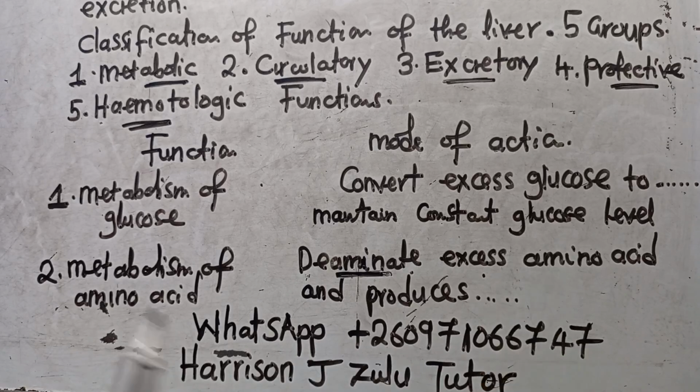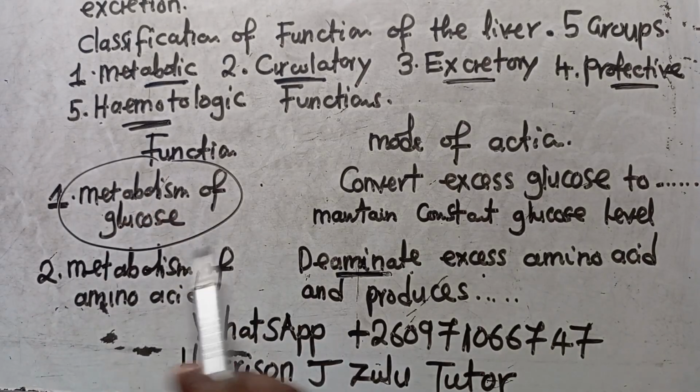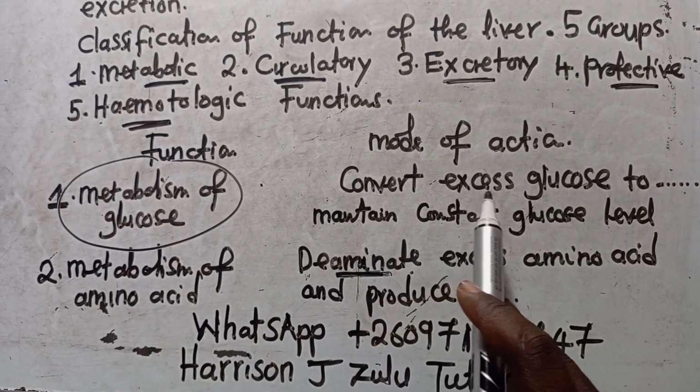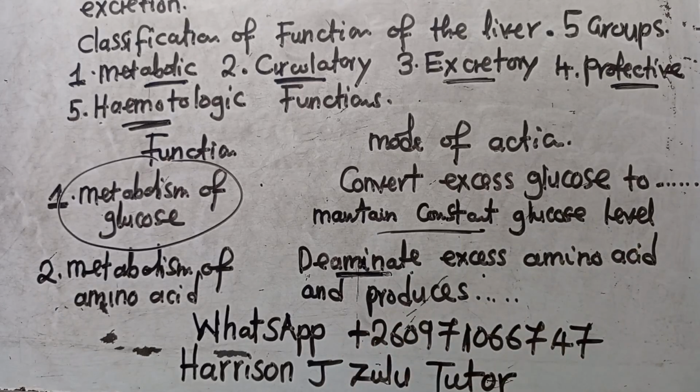You tell me the answer. And under metabolism of glucose, we convert excess glucose to what? This is to maintain constant glucose levels in the blood. These are the questions that I want us to practice through. You submit in my inbox if you are under my online lessons.